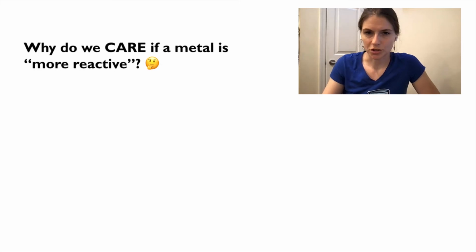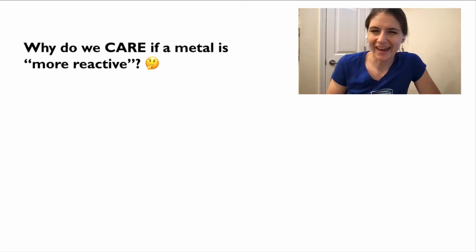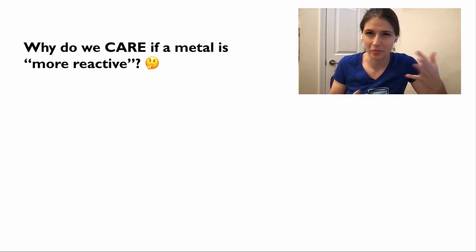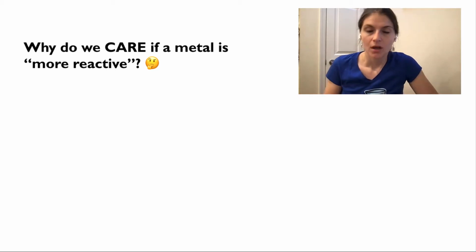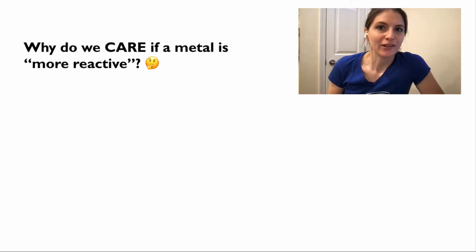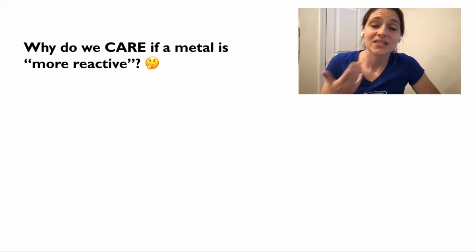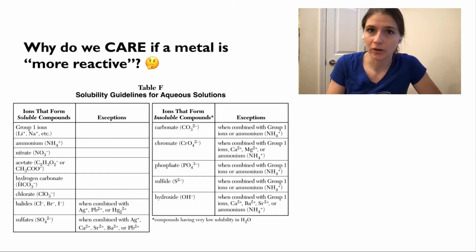So the next question you may have is, why do we care if a metal is more reactive or more active than another metal? What's the big deal? So it turns out that lots of metals can form ionic bonds with nonmetals or with negative polyatomic ions and form ionic compounds. Some of these ionic compounds are soluble or dissolve in water.